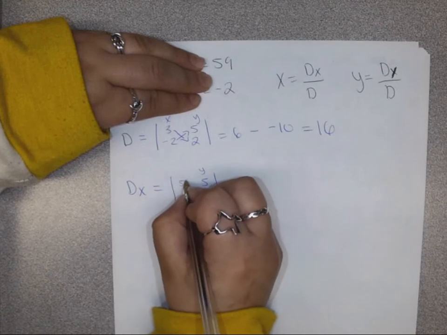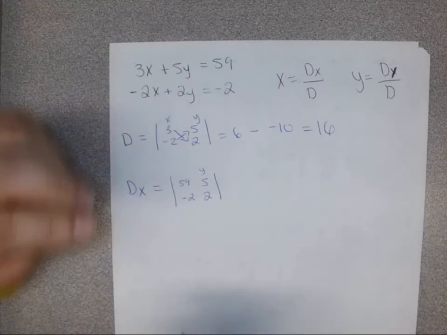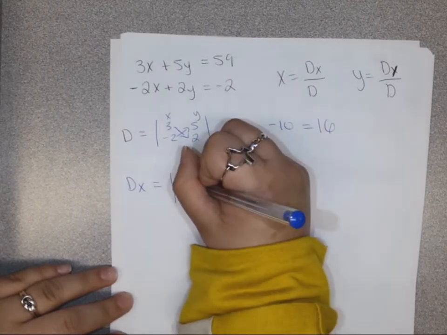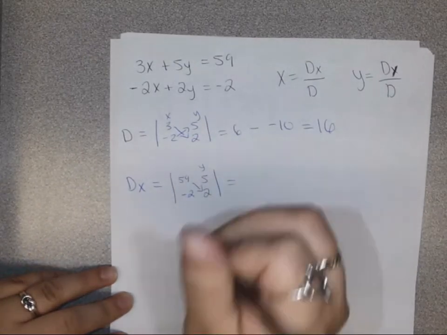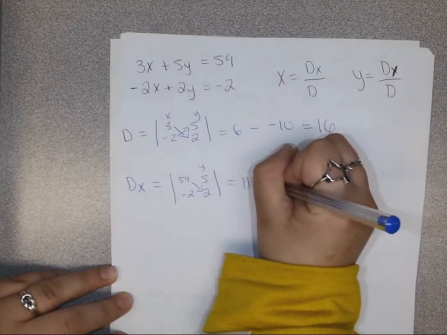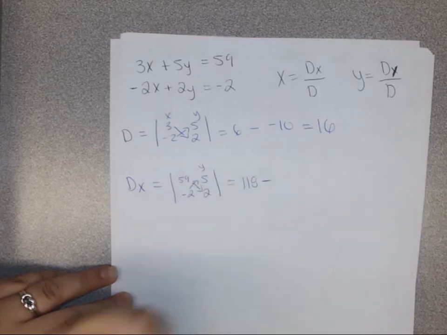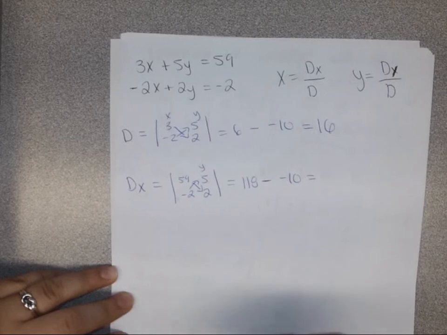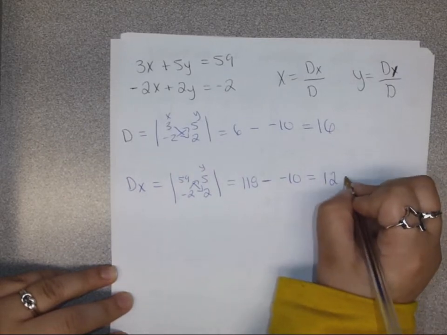So this is going to become 59 and negative 2. It's still a 2 by 2, so cross multiply. 59 times 2, we get 118, minus cross multiply negative 2 times 5 is still negative 10. So 118 plus 10 becomes 128.